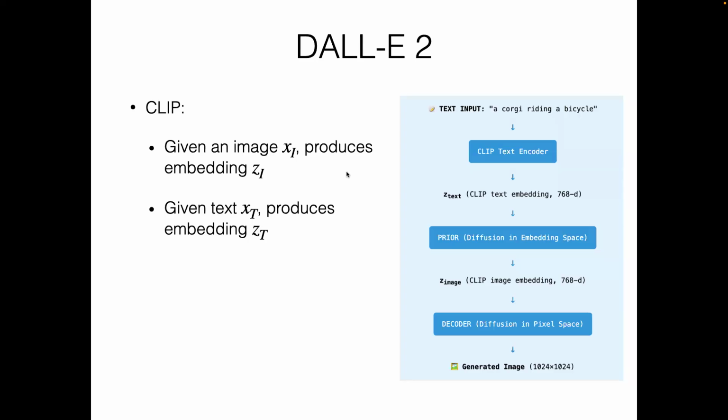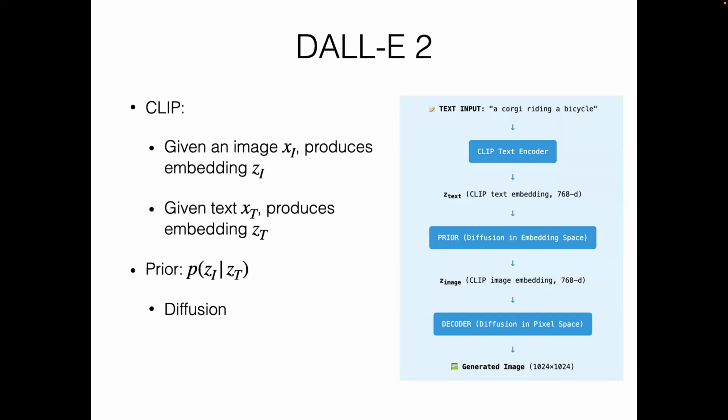So here in the first stage, they are going to use this pre-trained text encoder to basically represent the text input. Okay, so now we have some continuous vector. Now the question is, how do you actually produce some image starting with this representation of text?